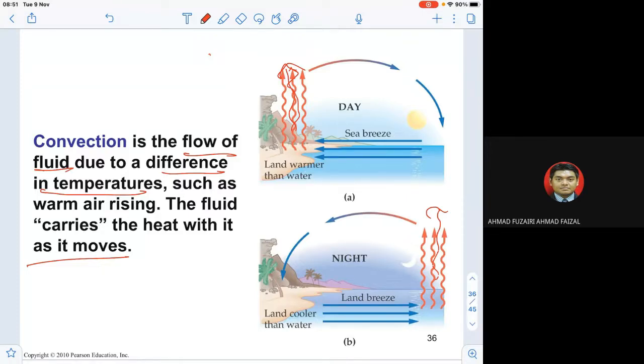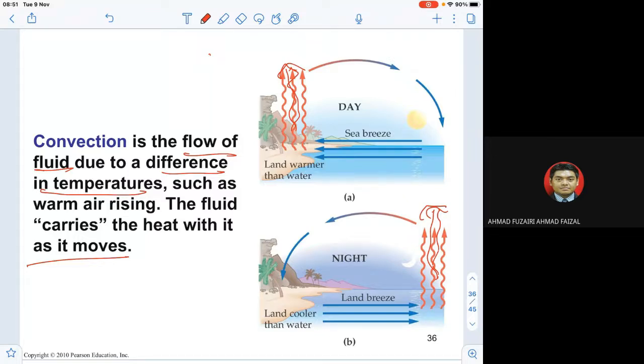So you can feel a land breeze, that means breeze from the land, replacing the warmer air from the water that has gone to the top of the atmosphere. That's how convection and the flow of fluid replace each other.